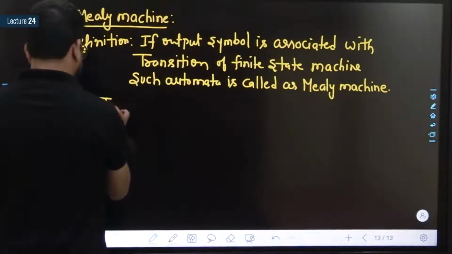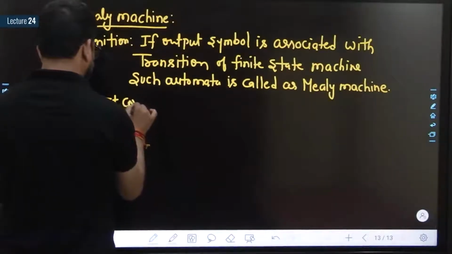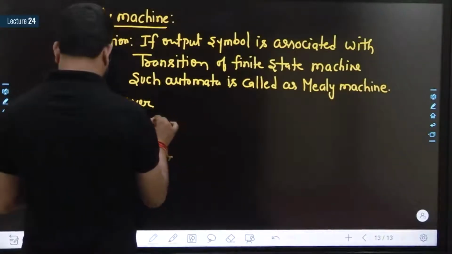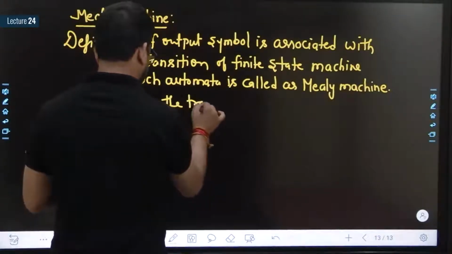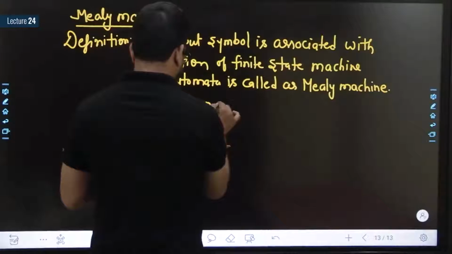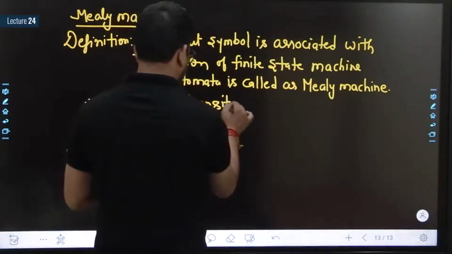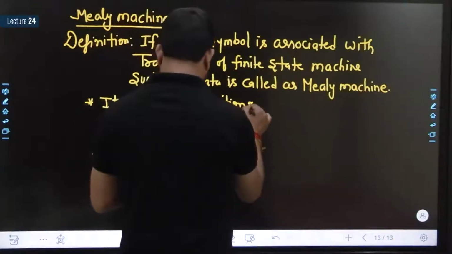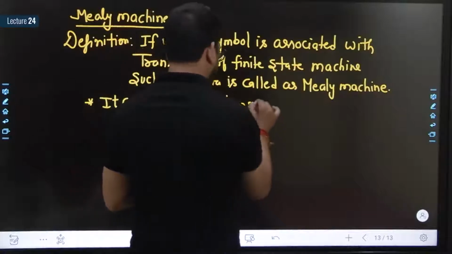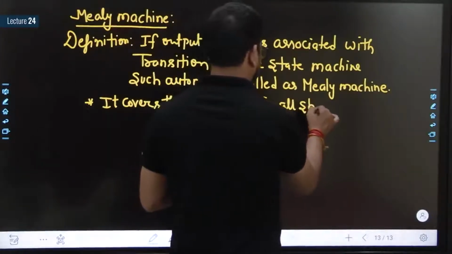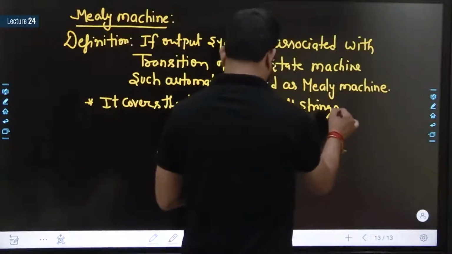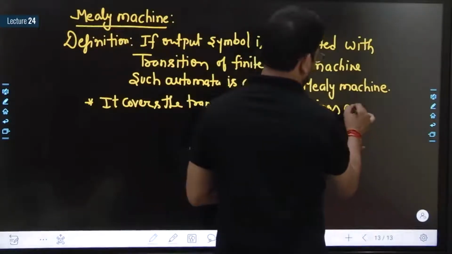It covers the transitions for all strings over given alphabet.